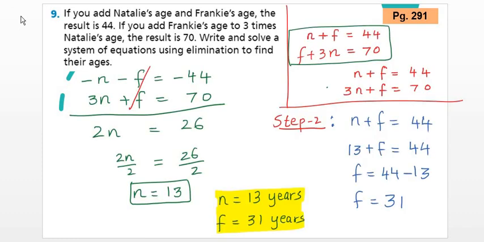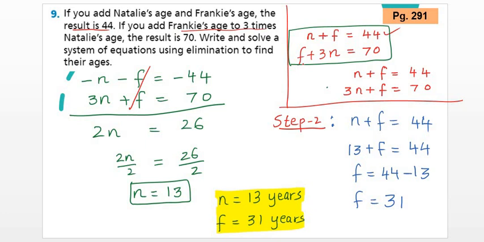So here is the solution for this question. By the way, when I was making the equations, I noticed that they were saying Natalie's age and Frankie's age. If you add them, it becomes 44. I wrote it over here: n plus f equals 44. When I read the second statement, it says if you add Frankie's age to 3 times Natalie's age.